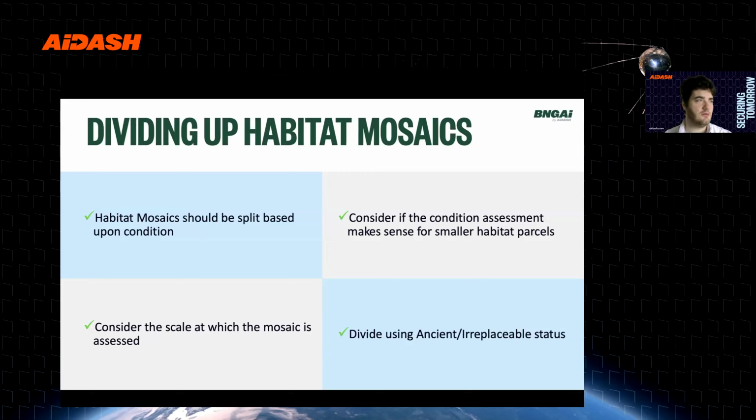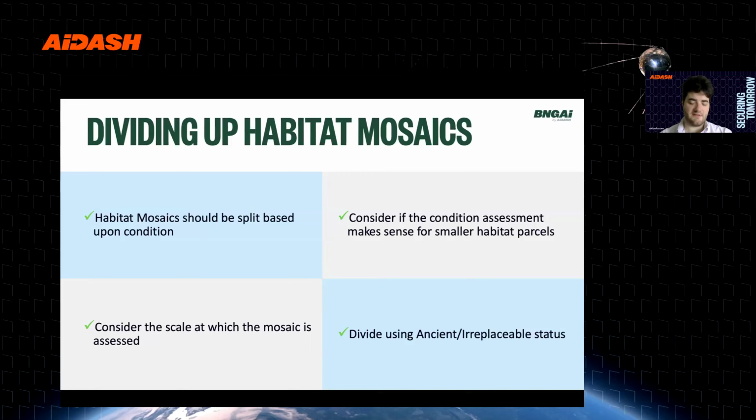So, say open mosaic on previously developed land, that can happen in quite small spatial scales, over a quarter of a hectare. So you might well find that you get that variation there.